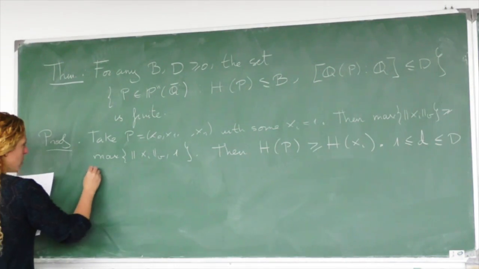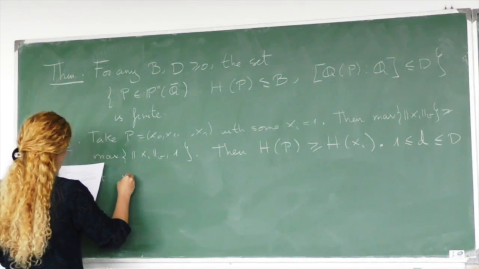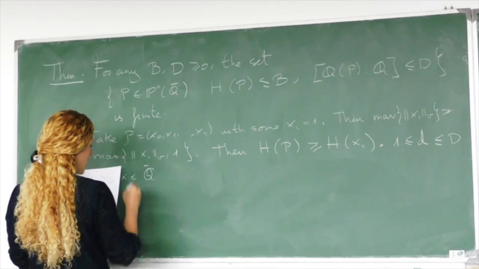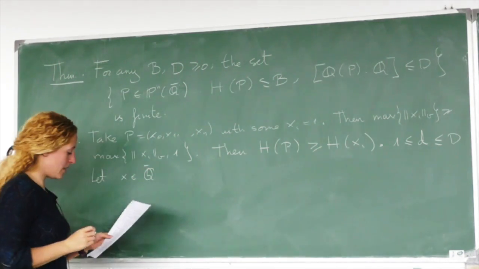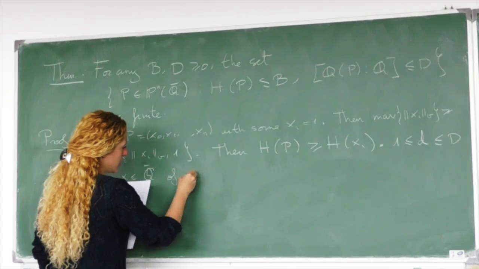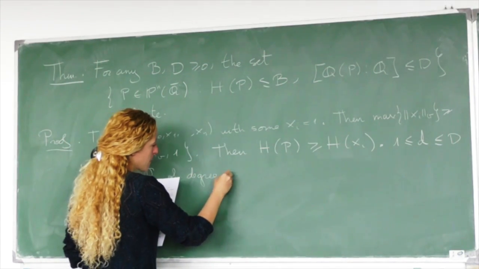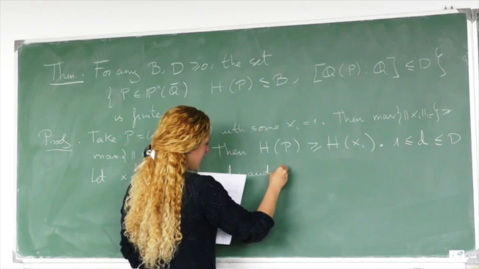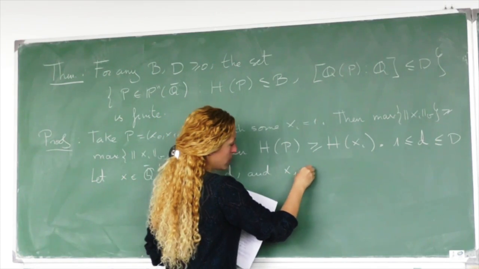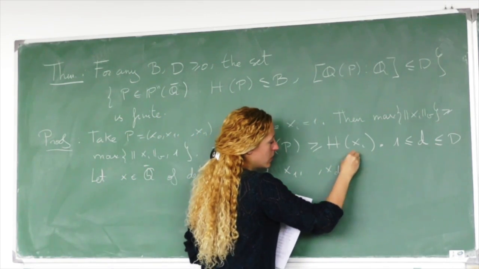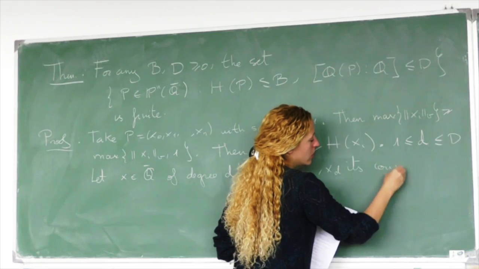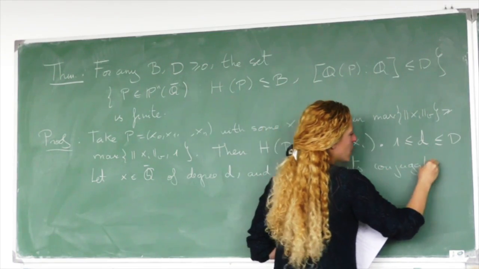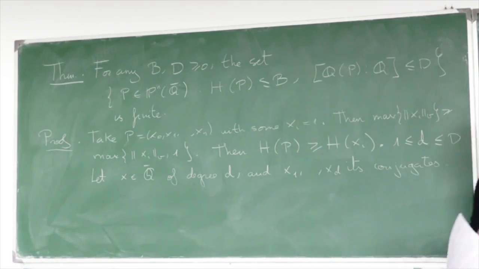So, okay, let now x be an algebraic number of degree d, and I can take its conjugates. If x has degree d, it has d conjugates.